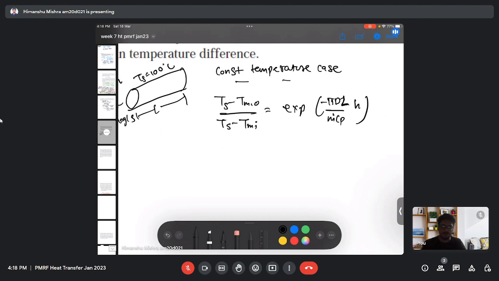So this is my temperature profile for the constant temperature case, and we have given the surface temperature, inlet temperature, but we don't have the mean outlet temperature.